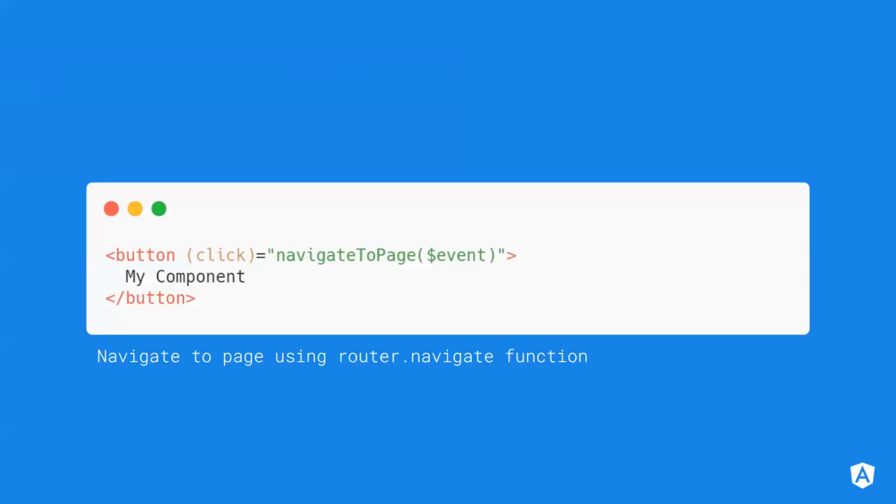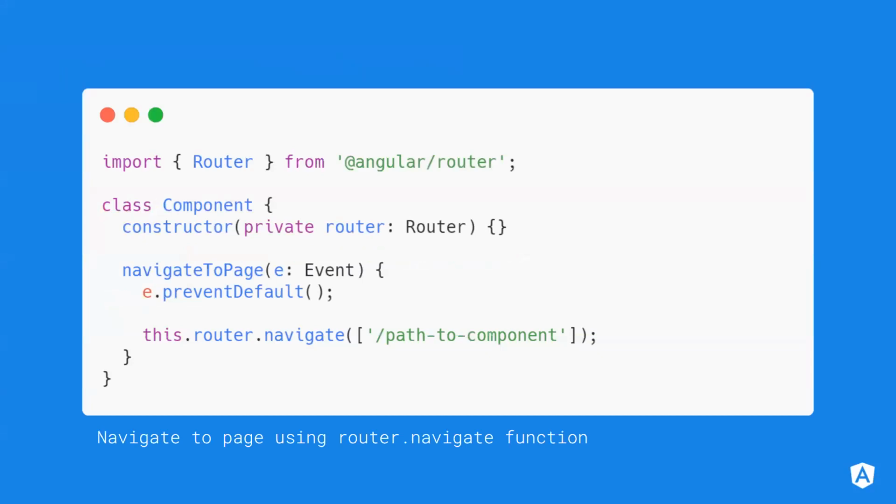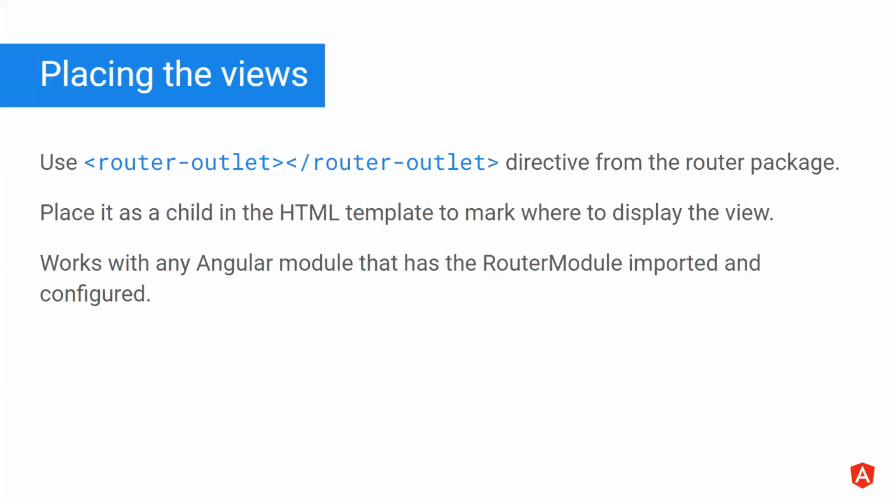Okay. So for example, you'll see this button click, and then it will call the navigate to page function. And then in the function, you will do the navigate. That's it. All right. So you have the trigger to bring your user to the page, but if you want to render the component that the user wants to see, you have to use this router outlet directive.